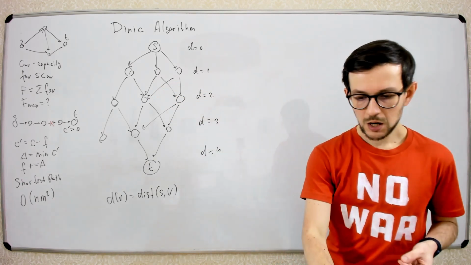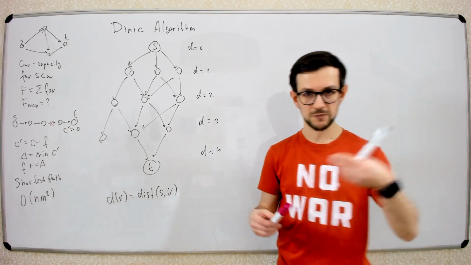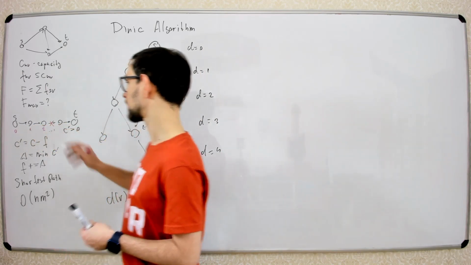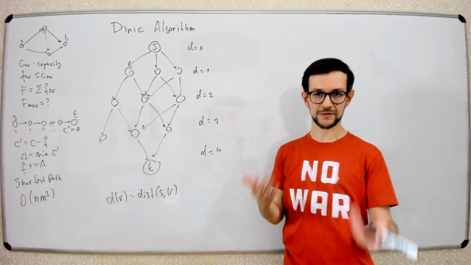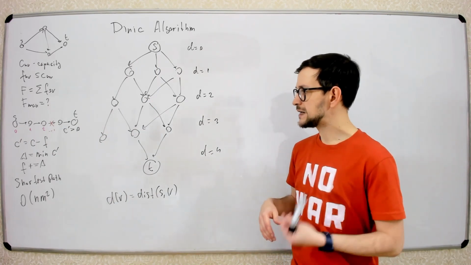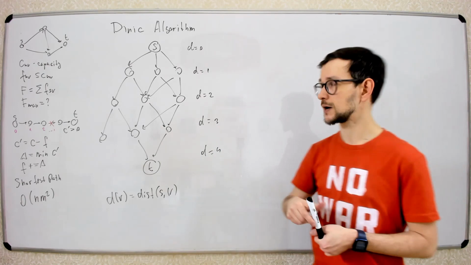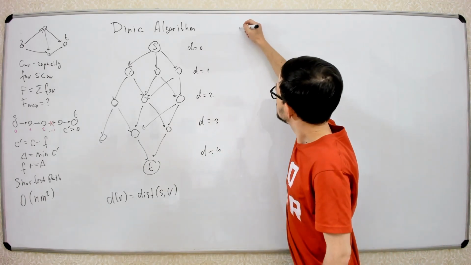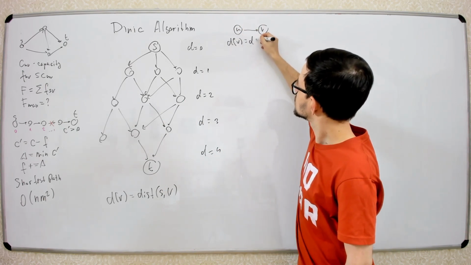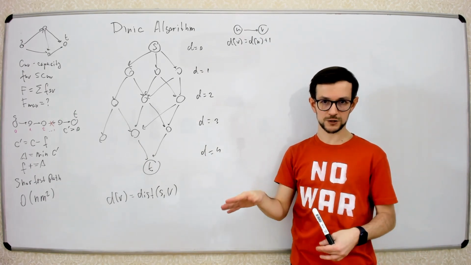If you have a shortest path, then the distances along this path increase by 1: distance to this node is 1, to the next 2, and so on. This is how shortest paths work. So we only leave the edges which go from u to v if the distance to v is the distance to u plus 1. Let's leave only these edges and remove all other edges.